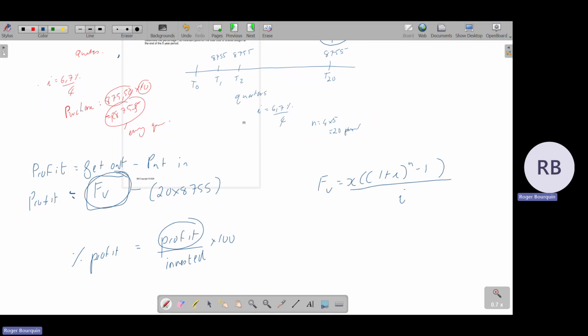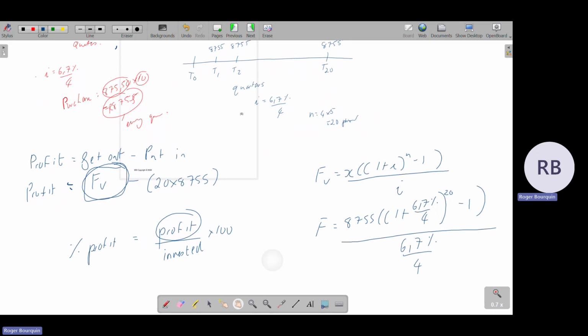So I get F is equal to x, which was 8755, times (1 plus 6.7% over 4) to the 20 minus 1, all over 6.7% over 4. So stick that into your calculator, and that is going to be the amount of money that they get out.